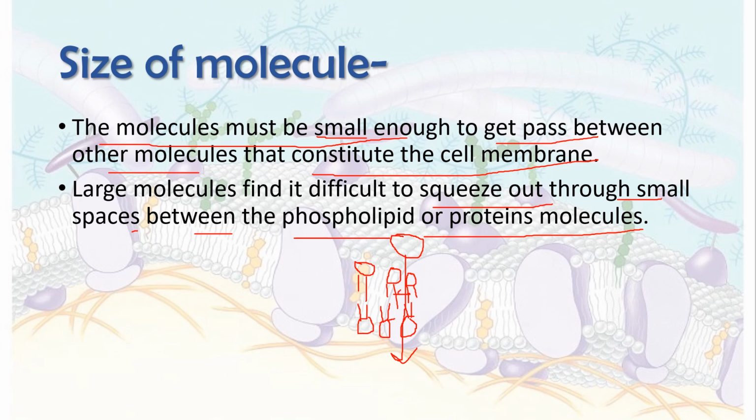But on the other hand, if a molecule having a very small size tries to cross, it can easily cross through the small spaces between the phospholipid or protein molecules.